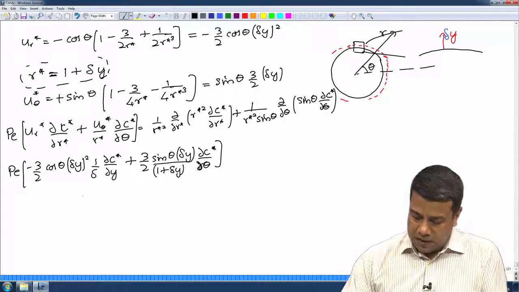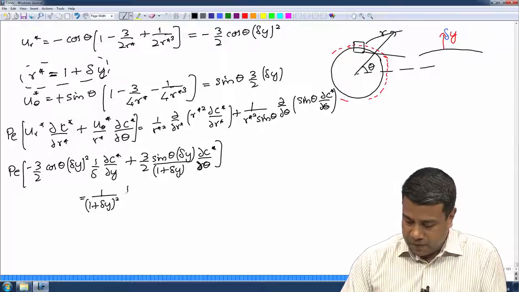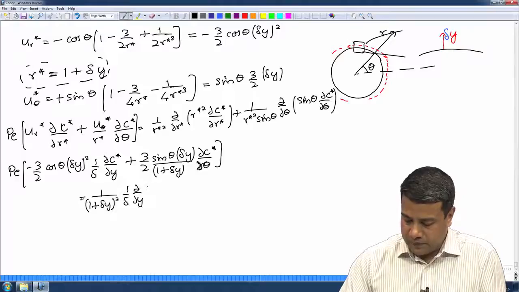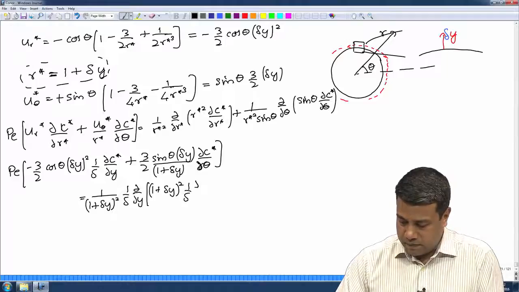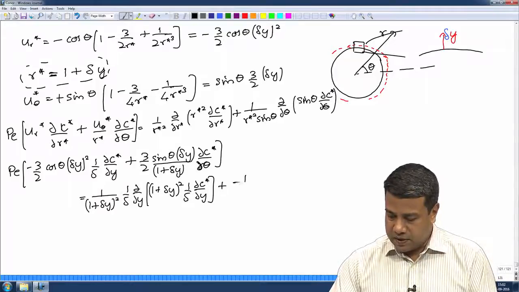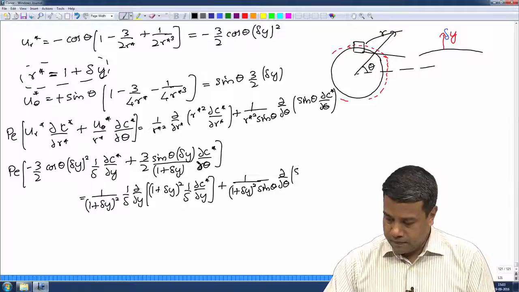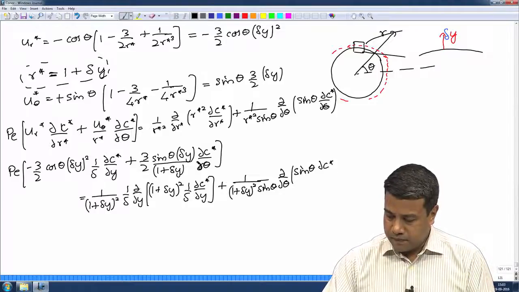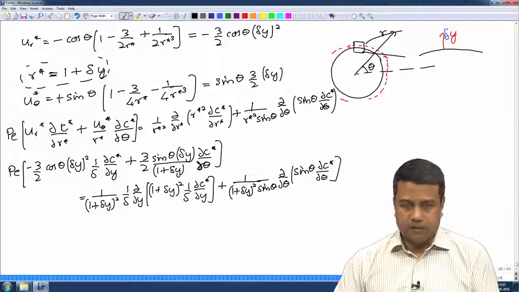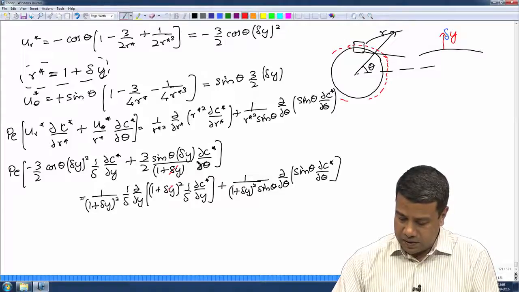On the right hand side, I have 1 by 1 plus delta y the whole square, 1 by delta d by dy of, plus the second term, which is 1 by 1 plus delta y the whole square sin theta. And since delta is small compared to 1, wherever I have 1 plus delta y, you can neglect it.